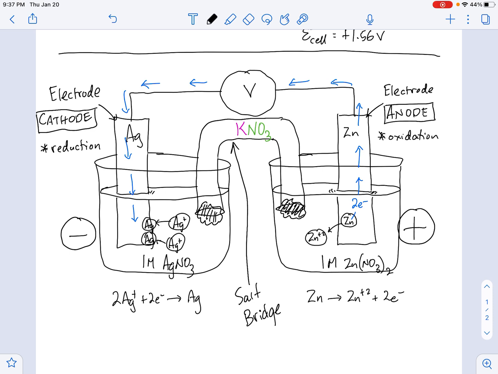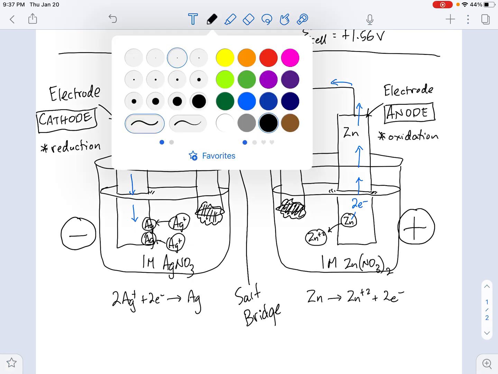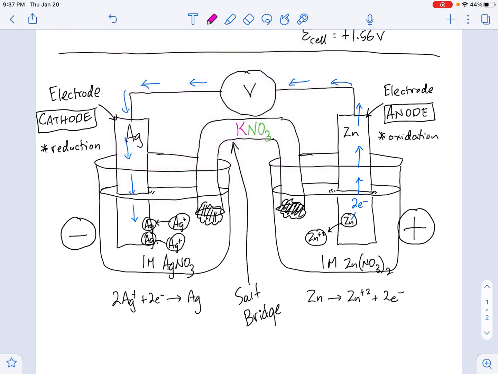So as soon as zincs are produced, zincs are cations, and the cations from that beaker will start to enter the salt bridge. Potassium plus to the cathode beaker.